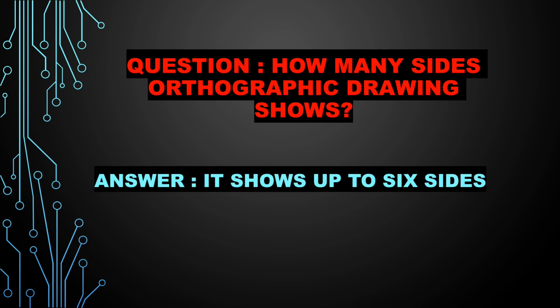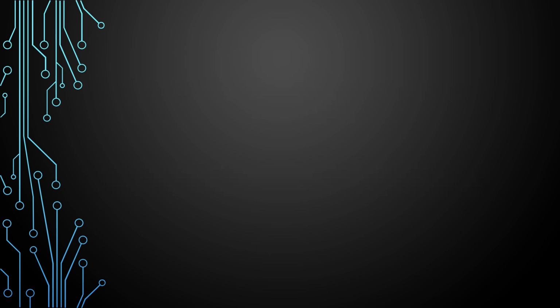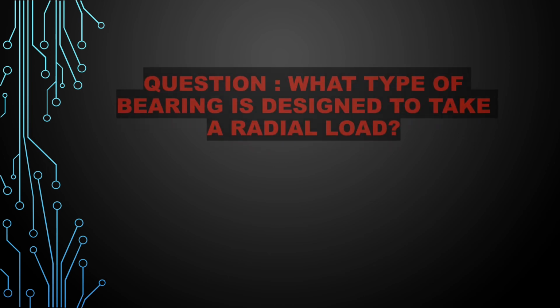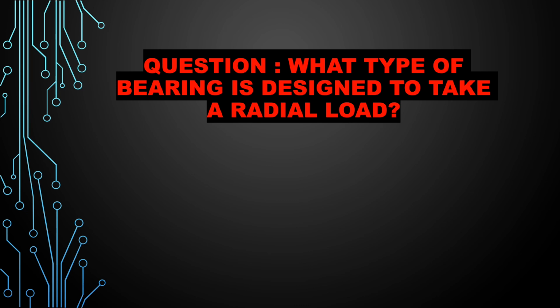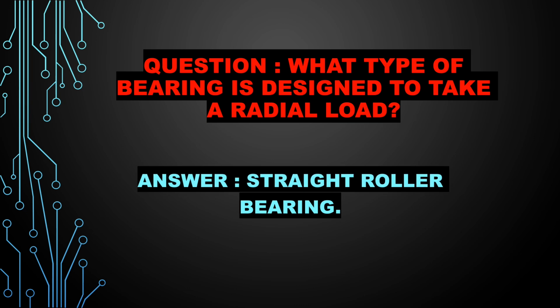Answer: It shows up to 6 sides. Question: What type of bearing is designed to take a radial load? Answer: Straight roller bearing.